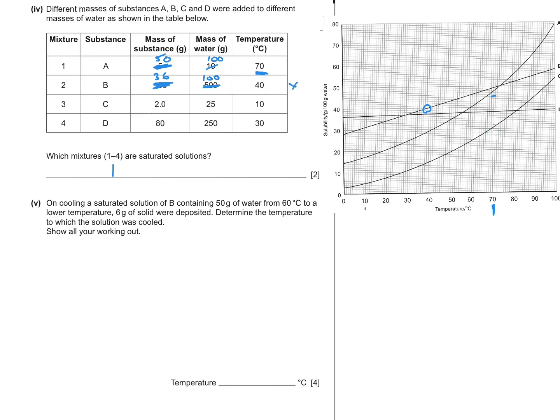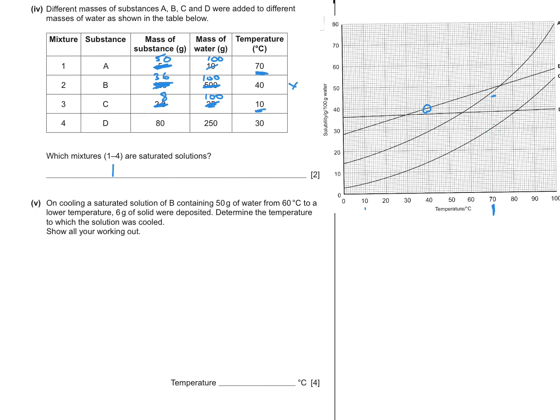Okay, let's have a look at number 3. And I'm going to multiply that by 4 to bring it up to 100 grams of water. That means I need to multiply this by 4. It's at 10 degrees C. Okay, so then I go to the graph and look, if it's at 10 degrees C, what mass of substance C can dissolve?